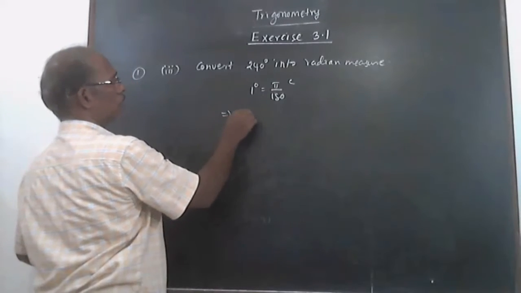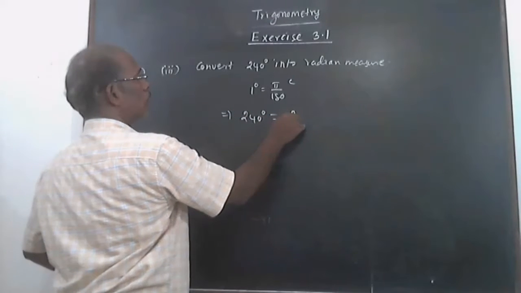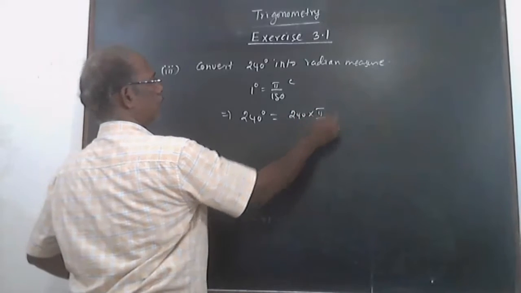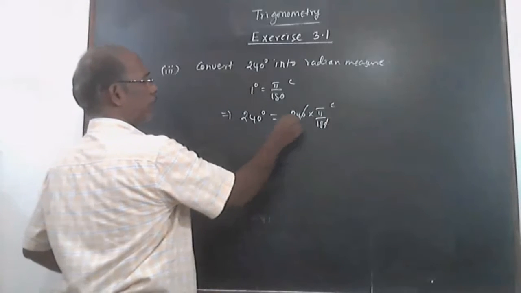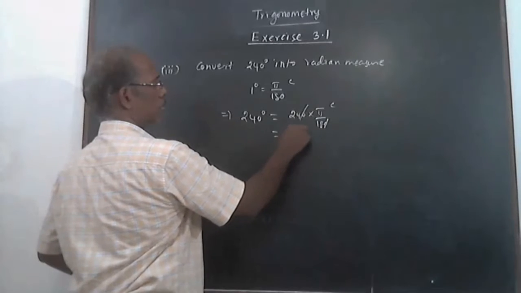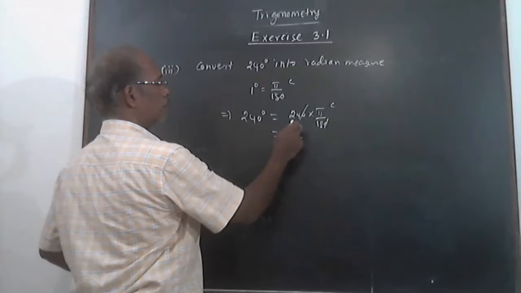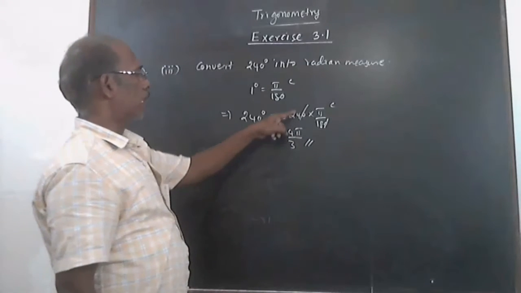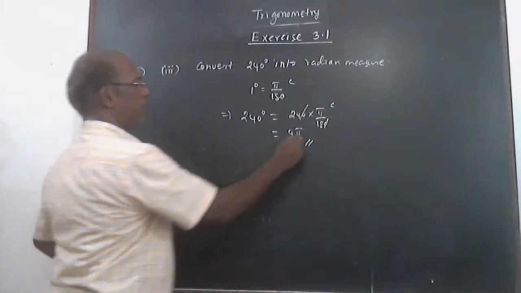Then 240 degree is 240 times pi by 180 radian. Between 240 and 180, 6 goes, 4 times 6 and 3 times 6, so 4 pi by 3 radian.